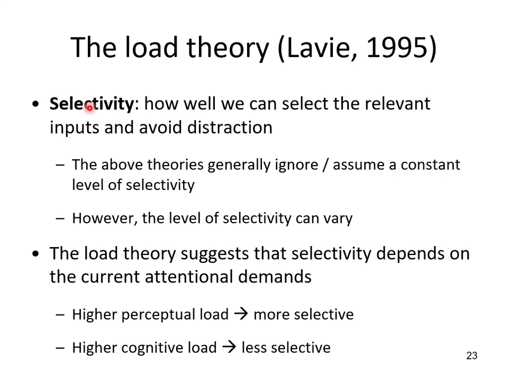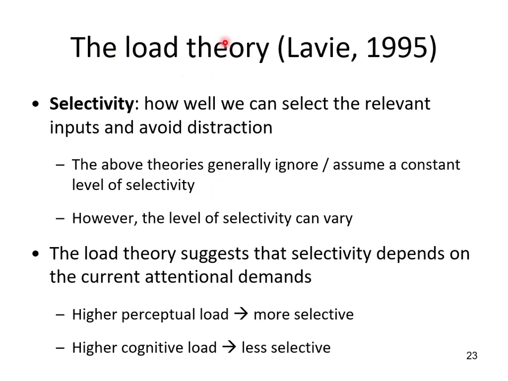For attenuation theory, it says even if I do not select an input, I will still somehow process it. But it does not describe how much I may process the unselected input. We say we'll still process it a little bit, but how much is a little bit? So they generally ignore this issue.